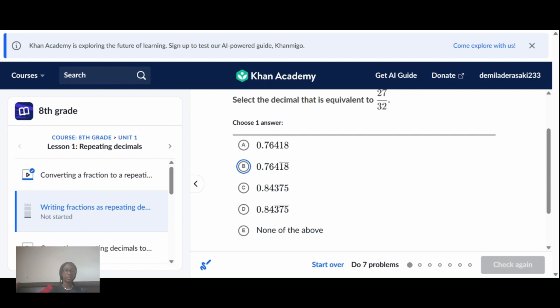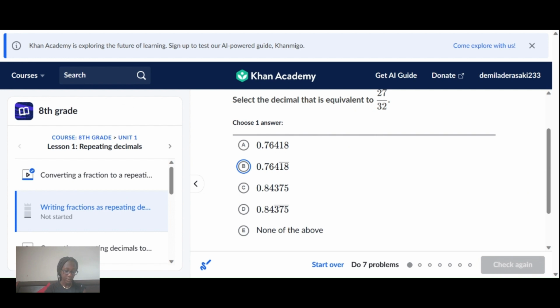So what can 32 times to get 270? I think, let's do 32 times 8 then. Okay, 16, 24, 256. So I think it's gonna be like 8. Let's try the 8 first. So 256.